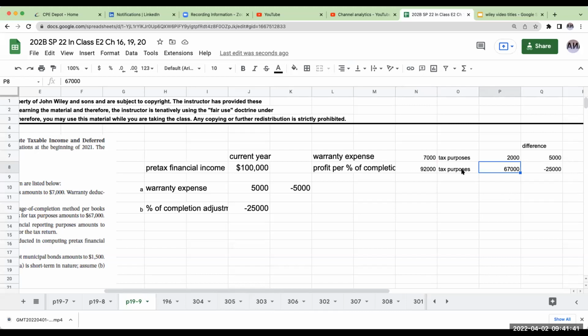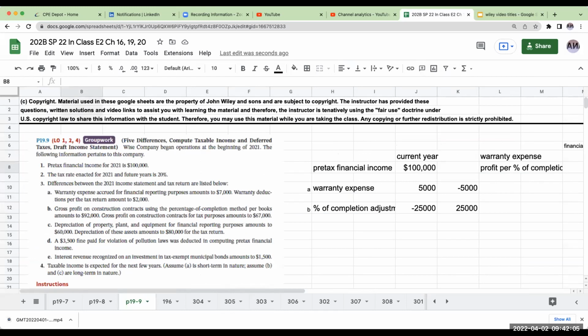So I'm going to go ahead and deduct that. In future years, this is going to reverse and cause taxable income, because this will drop for financial reporting purposes, and then this will be increasing for tax purposes. Okay, let's take a look at letter C.